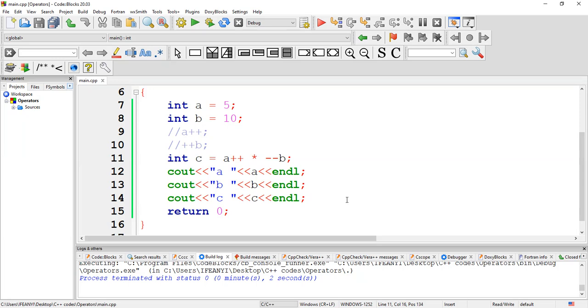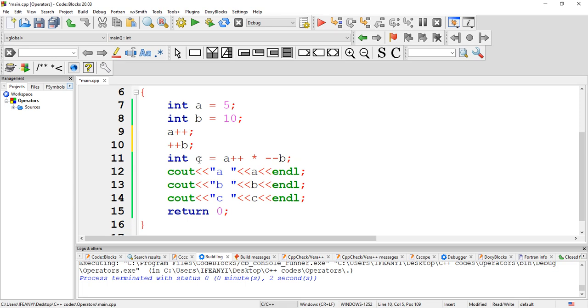So what we have just looked at is the ++, which is increase, and --, which is decrease operator. We said when they stand alone, as it is in line 9 and line 10, that they are doing the same thing. They are just increasing the value by 1.